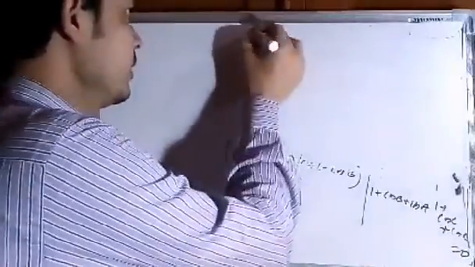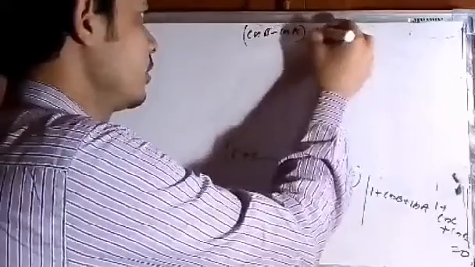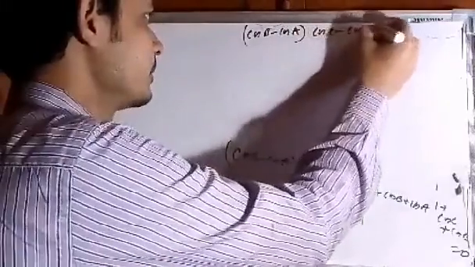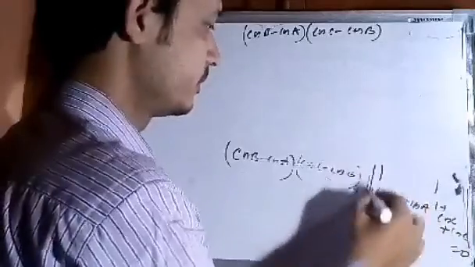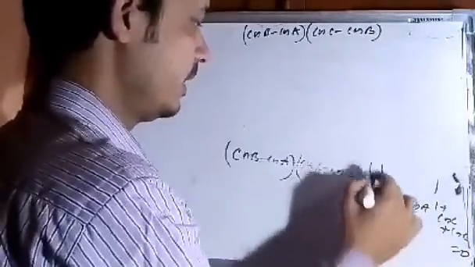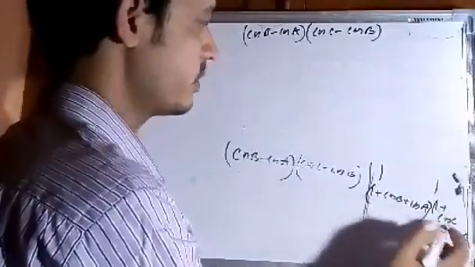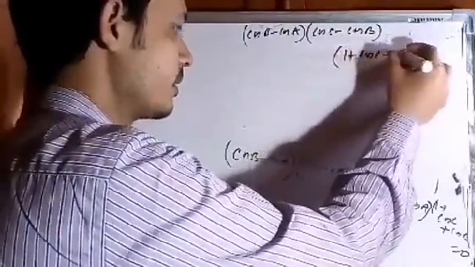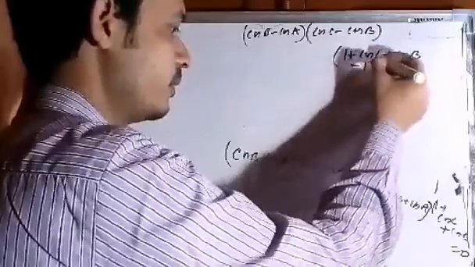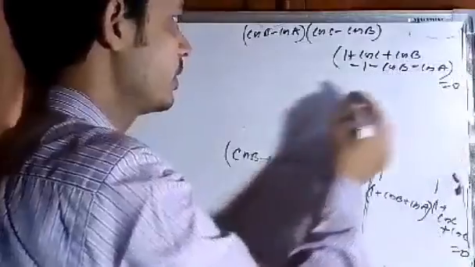So we have cos B minus cos A into cos C minus cos B. Now expanding the determinant, we have 1 1, 1 1, and this is 1 plus cos A plus cos B, and this is 1 plus cos B plus cos C. So expanding this one, we have 1 plus cos C plus cos B minus 1 minus cos B minus cos A equals 0.